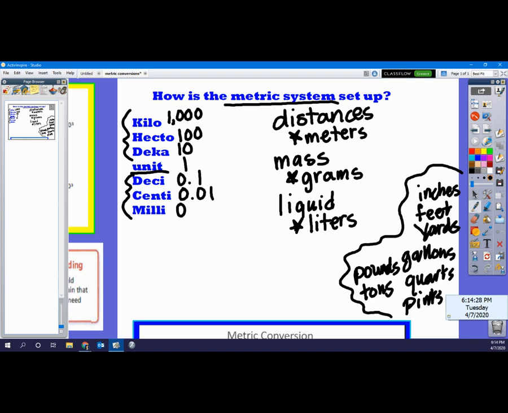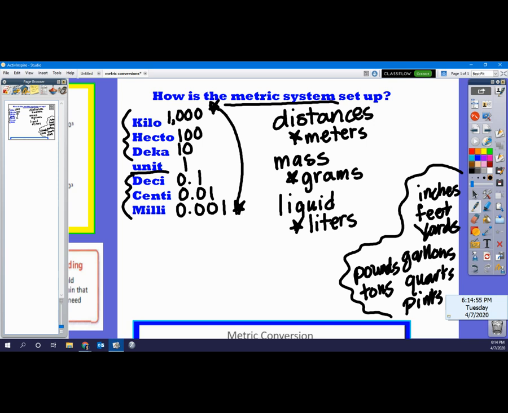And then milli means 1,000th, so that would be a millimeter, a milligram, a milliliter, and that means 1,000th of a unit. So you can see we can measure something very big up here down to something very small down at the bottom. And it's just using the powers of 10.